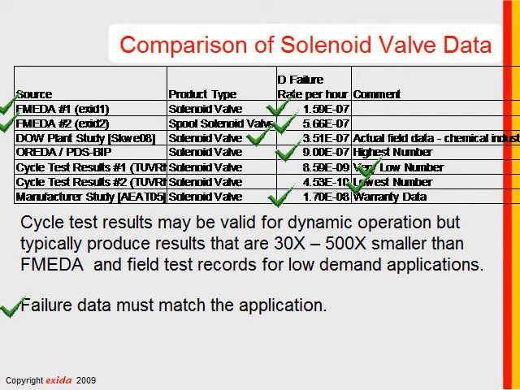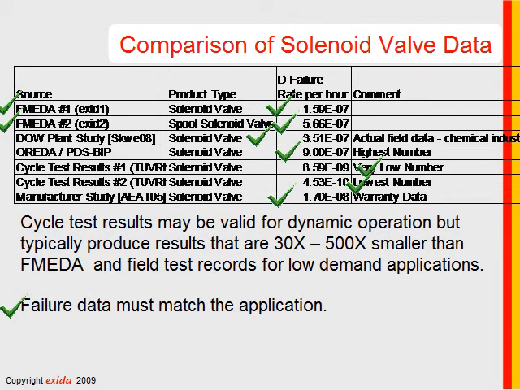And in that application, I was auditing SIF verification calculations done by an engineering company, and I concluded the numbers they used were indeed valid, that cycle test data could be used in that application, and it was good for them because they had a much lower, in this case, PFH, because it was a high demand application. High demand application numbers are valid. Go ahead, use these numbers.